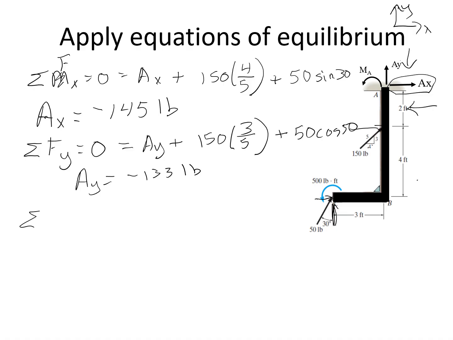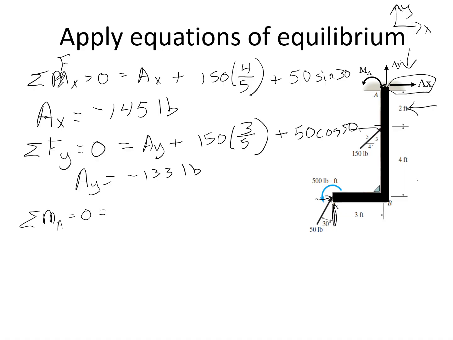And then finally, I can do the sum of the moments about some point, and I'm going to choose point A since both AY and AX go through that point. It's less math to do, I guess. So the sum of the moments about A is equal to 0.